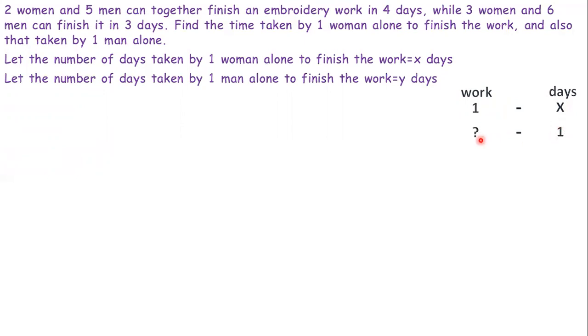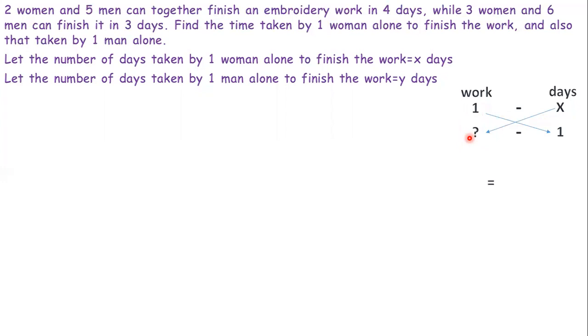How much work will be done in one day? Now, cross multiply. 1 into 1 divided by x. If you cross multiply and divide by x, you will get the work done by one woman in one day.